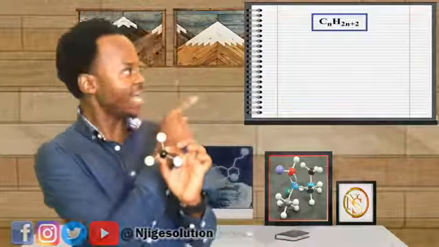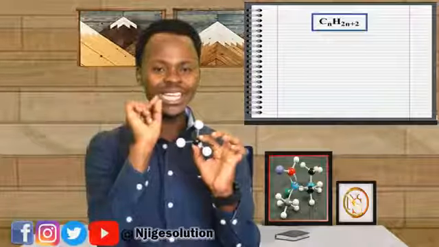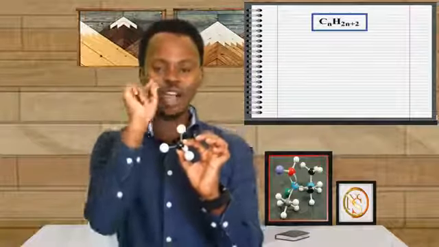For example, this one here is methane. It is made up of 4 hydrogen atoms and 1 carbon atom attached together by single bonds. So, the general formula of this alkane molecule is CnH2n+2, where n represents the number of carbon atoms.